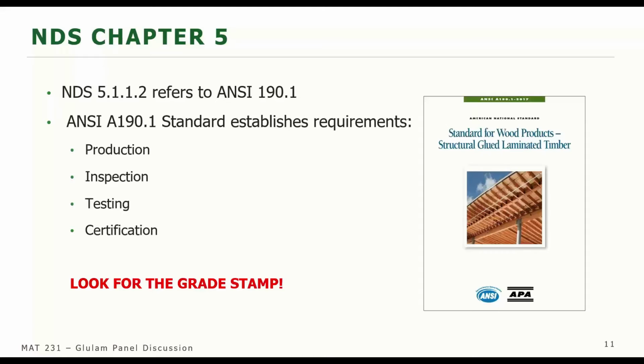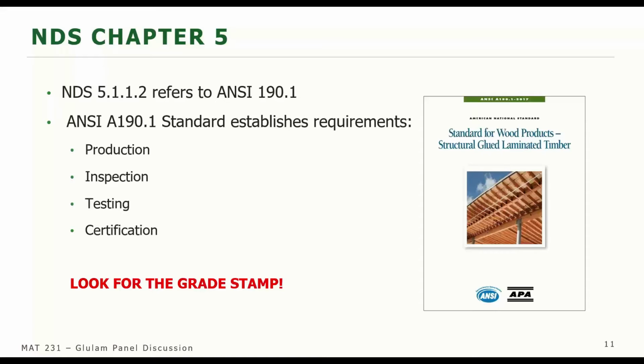That's the product chapter, and you'll see NDS 5.1.1.2 refers to ANSI A190.1, and I know Bob is going to talk about ANSI A190.1 as well today, so I'm not going to talk about it too much, just laying out here what requirements for glue laminated timber are in that standard. But the primary thing when we're dealing with Glulam is you want to make sure it has a grade stamp, and it's an approved grade stamp.